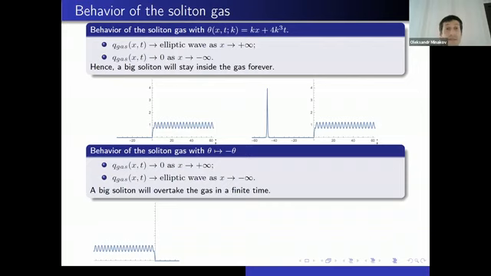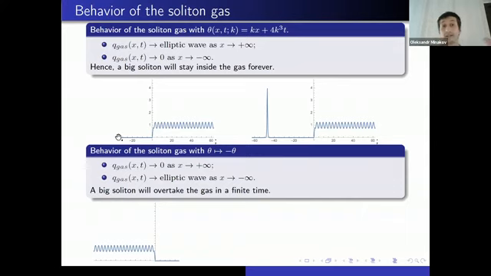Okay. So now I just want to mention what we obtain in this way. This is a soliton gas, which occupies the positive half axis, from some small positive number to plus infinity, and on the left we have just zero, or something exponentially small.